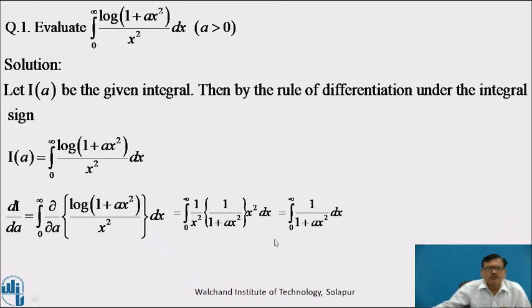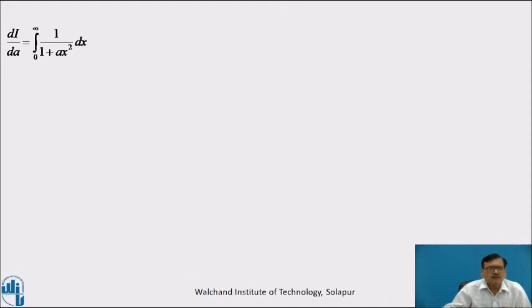This is equal to the integration from 0 to infinity of 1 upon (1 plus a x square) dx, because x square and x square get cancelled. Now we get dI by da equal to the integration from 0 to infinity of 1 upon (1 plus a x square) dx. Now we are able to evaluate the integral after differentiating.